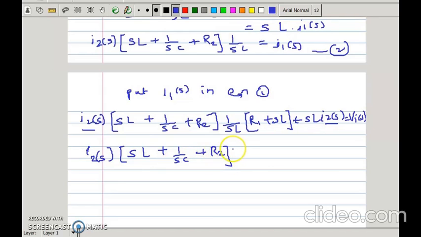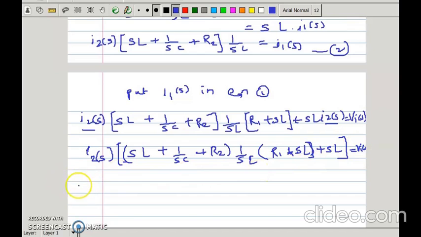Okay, better to put a circular bracket. Then 1 upon SL as it is, again R1 plus SL plus SL, is equal to VI of S. See, I2 of S we put as it is.